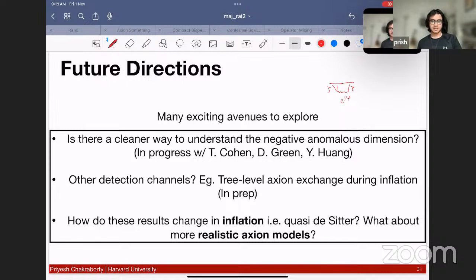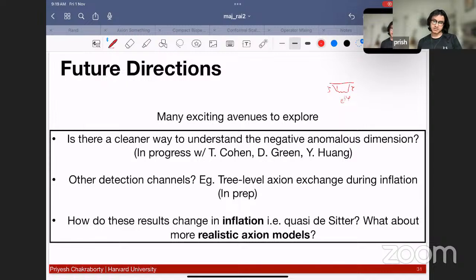Finally, as I said, we're working in single field slow roll, in the de Sitter limit. And in this exchange, we didn't really care that much about the fact that we were in inflation, which is the standard case when you calculate things in single field slow roll.